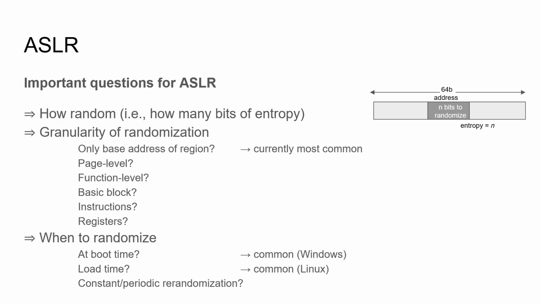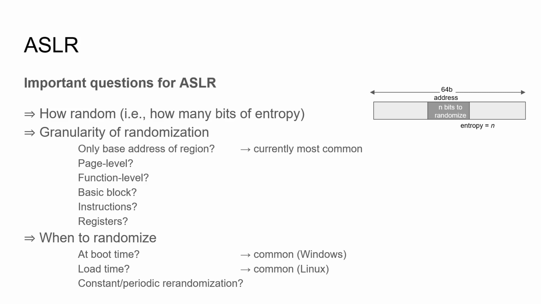However, you don't need to do this. You can also randomize at a finer granularity. For instance, you could randomize at the page level, or you could randomize the order of the functions. Perhaps within a function, you can randomize basic blocks or even individual instructions. And finally, what you could do is change the registers that you use.